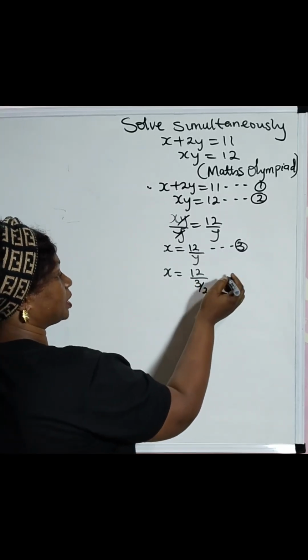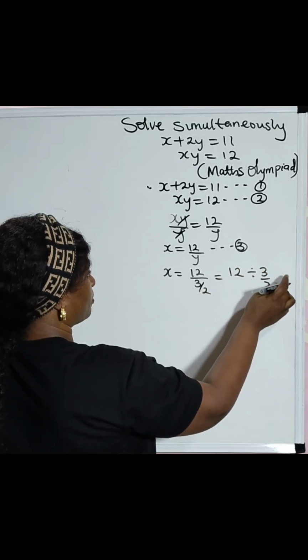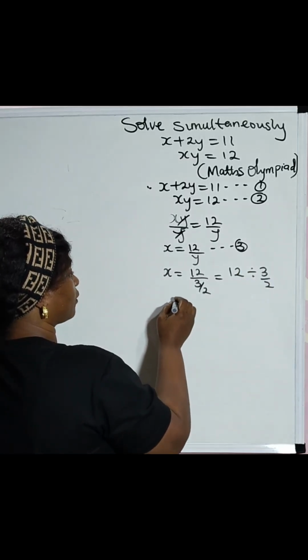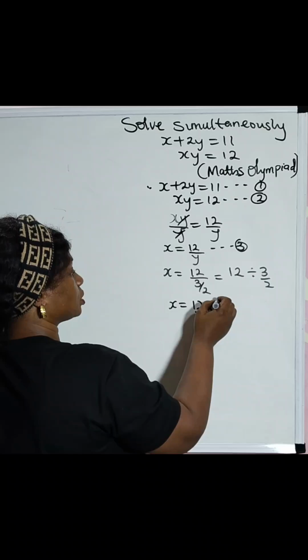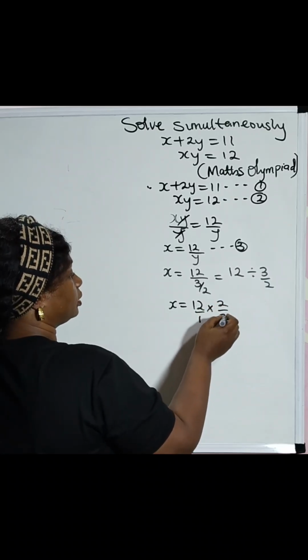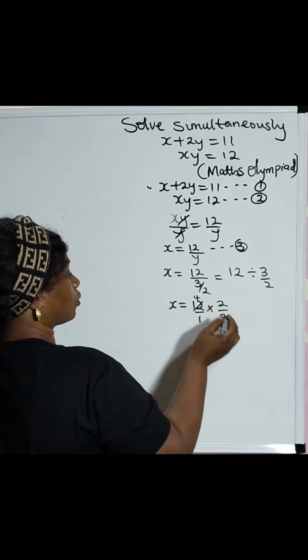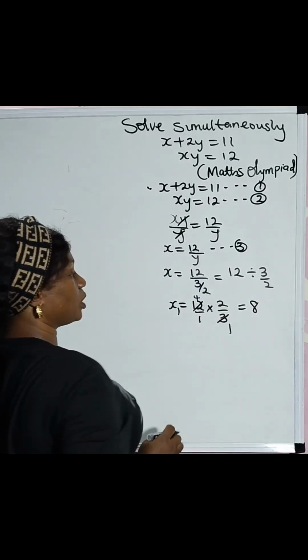This is the same thing as 12 divided by 3 over 2. Remember, when you change this to multiplication, this will turn upside down. We now have that x is equal to 12 over 1 times 2 over 3. 3 into 3 is 1. 3 into 12 will give us 4. 4 times 2 will give us 8. So this will be our x1.